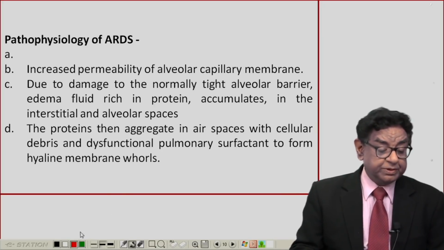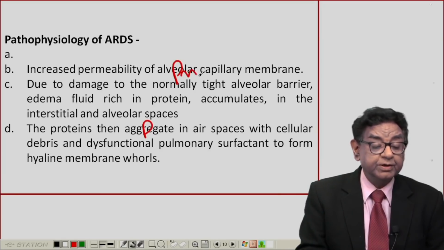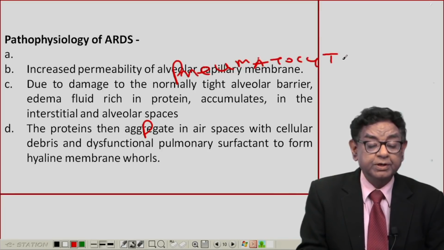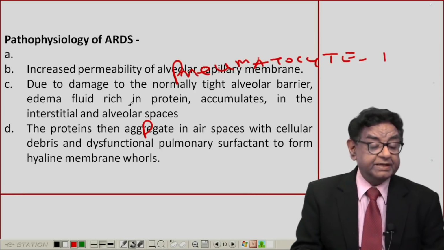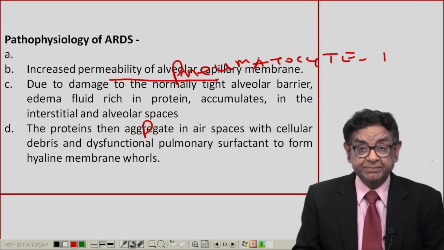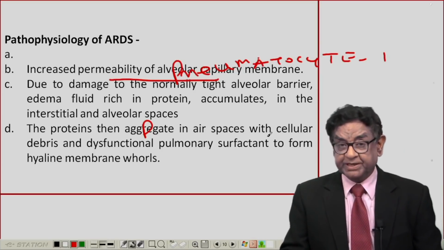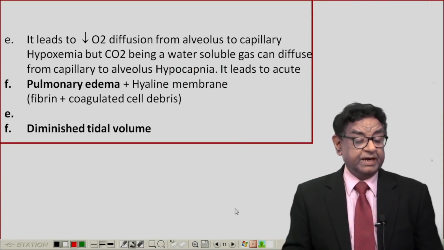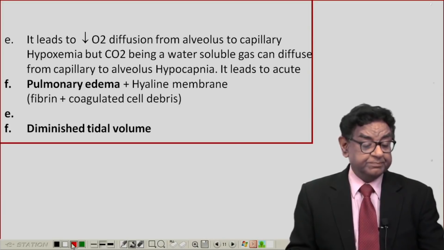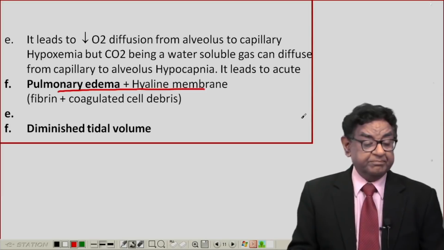Basically, there is an injury to pneumatocyte type 1, and in addition, there is increased capillary permeability. This is how ultimately a protein-rich fluid accumulates in the interstitium. Ultimately it leads to hypoxia, and we get pulmonary edema, and there is a formation of hyaline membrane.